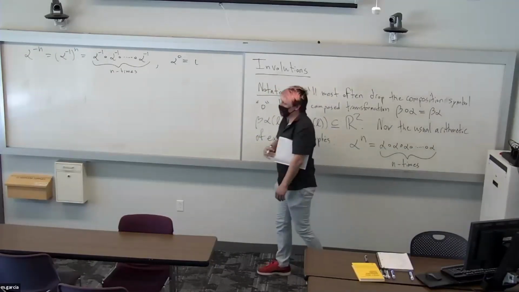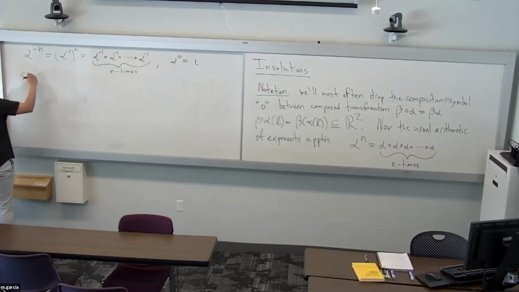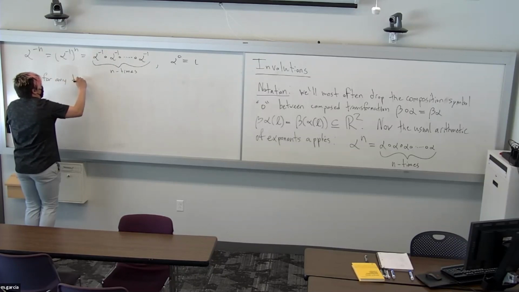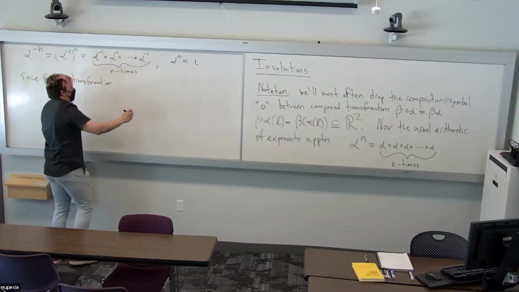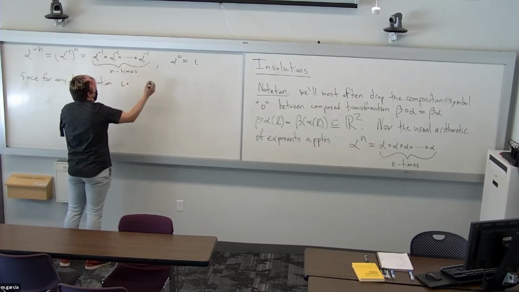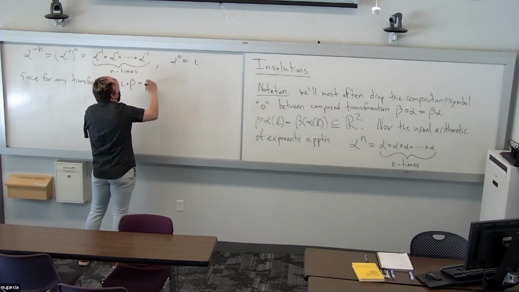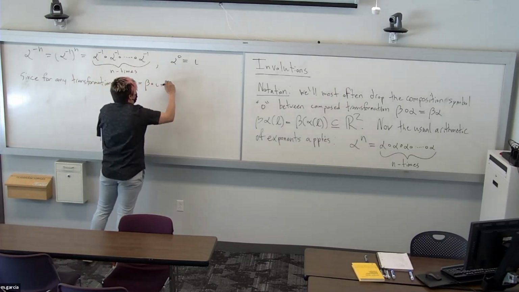And that's because for any transformation beta, we have iota composed with beta is equal to beta composed with iota is just equal to beta.